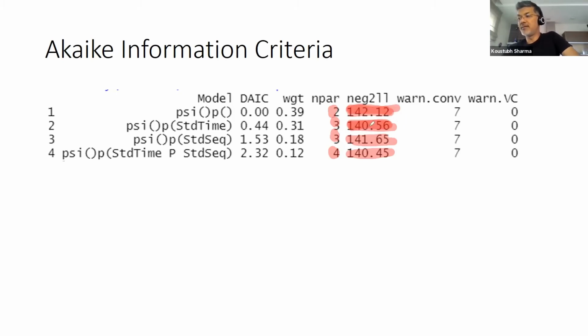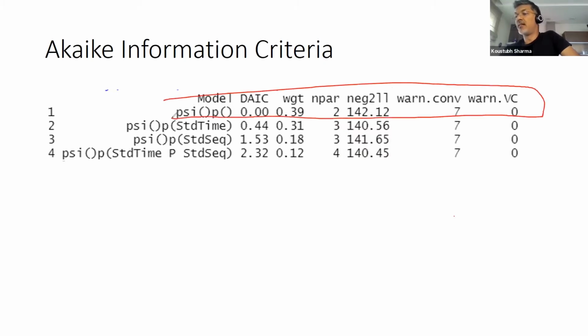It's fitting better, but it is still listed secondary because there is one additional parameter that has added here. And the cost of that additional parameter is not worth the gain in likelihood that you would have wanted, which is why the AIC value is smaller in case of the first model, which is the null model.